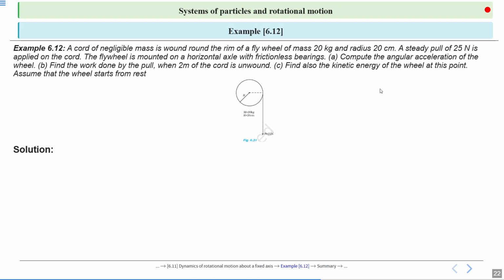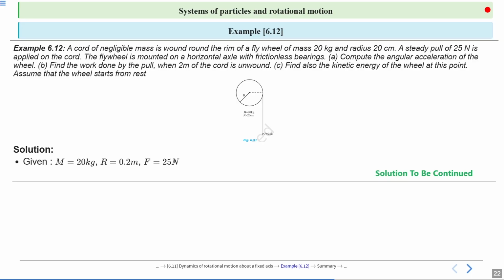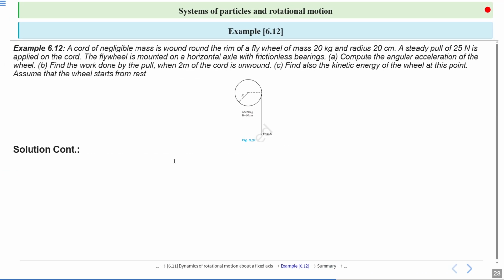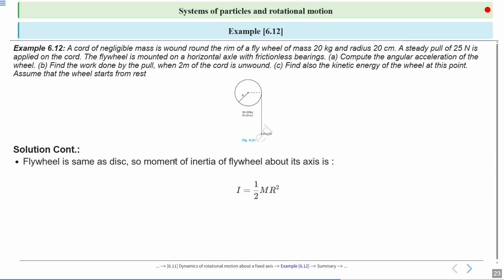Given m, the mass, is 20 kg, and the radius is 20 centimeter. Converting 20 centimeter to meter, it will be 0.2 meter. And the applied force is 25 Newton. Now, a flywheel is the same as a disc.